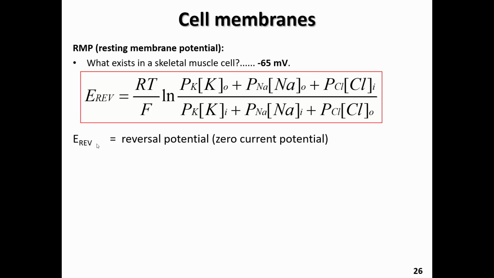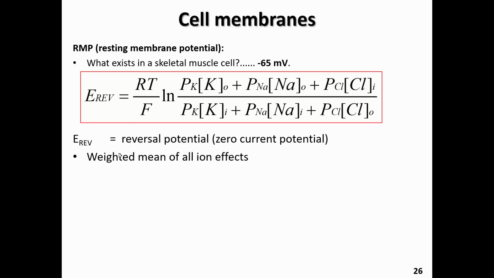So the reversal potential, or EREV, is also referred to as the zero current potential. So the potential to ensure that there is no movement, or zero current, of ions into or out of the cell.